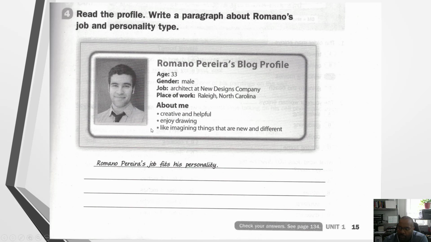So let's find out more about Romano now, here in this picture. It says Romano Prieria, I guess that's right. I think I just chopped his name up. Romano P. blog profile. Age 33.